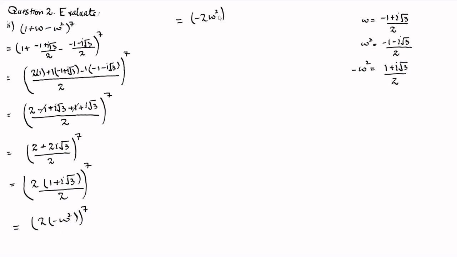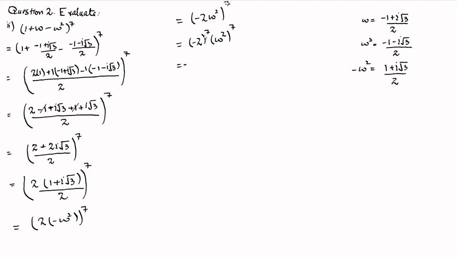That can be written as 2 multiplied with minus omega square is minus 2 omega square whole power 7. Now the power can be separated for the terms in the multiplication. So we have minus 2 power 7 omega square power 7. Minus 2 power 7 will be equal to minus, because the power is an odd number, and if the power of a negative number is an odd number, the result will always be a negative number.